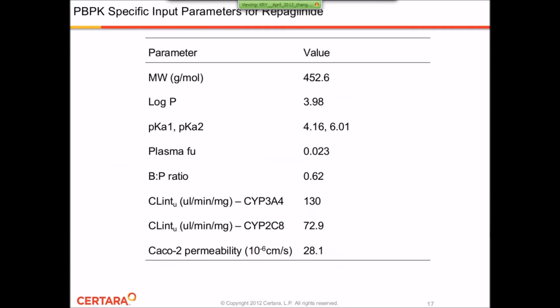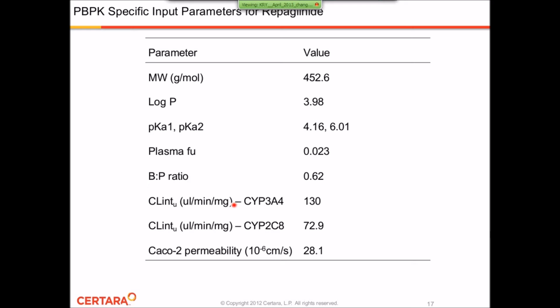Now, that does look quite extensive, but in actual fact, if we look at repaglinide in this particular case here, you can see that these are the parameters that we're actually inputting to drive the model initially. So you can see we've got the physicochemical parameters, a plasma fraction unbound, we've got the blood-to-plasma ratio, and also we've got some idea how the drug is metabolized.